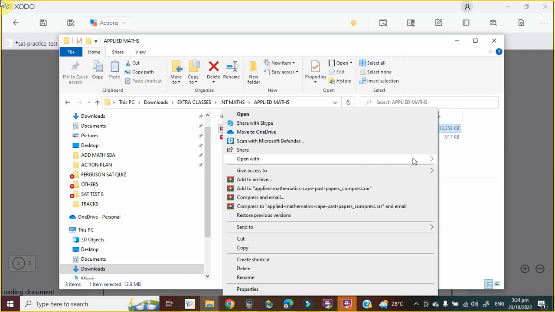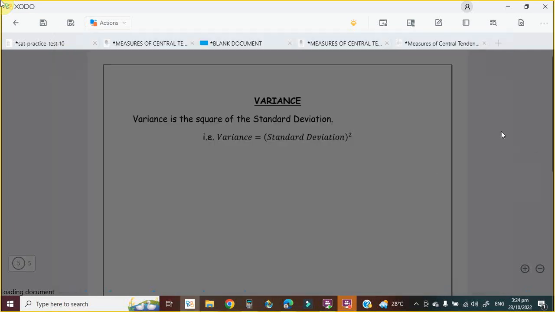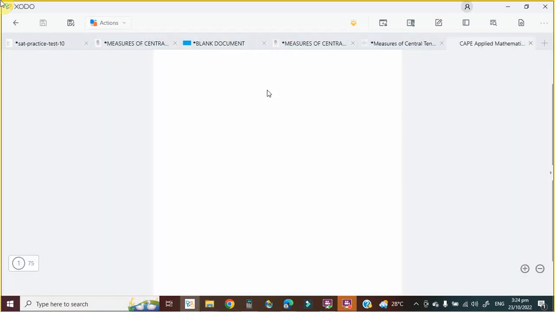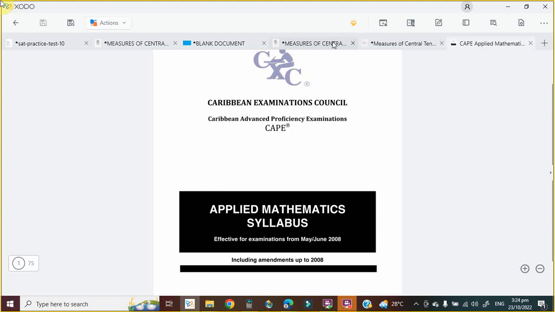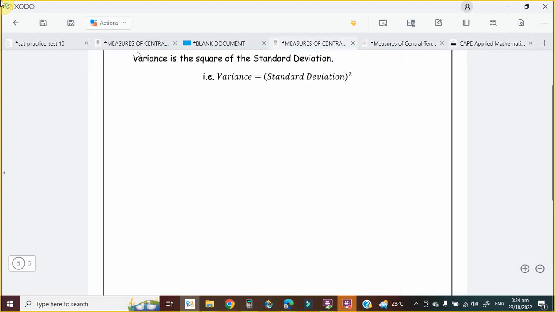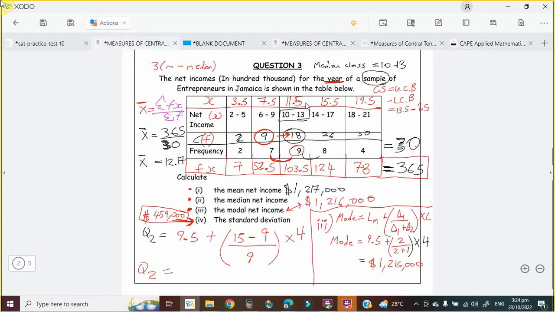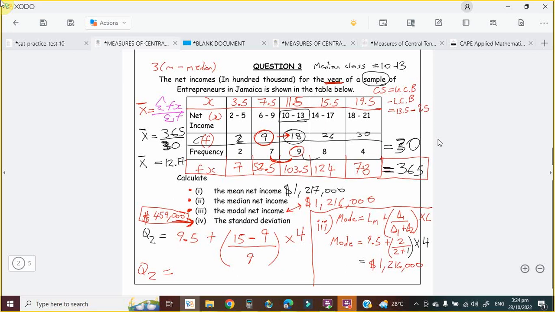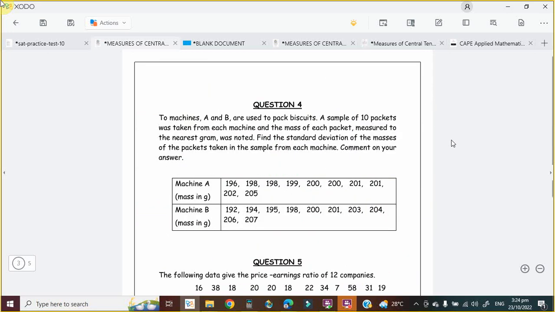In the worksheet that I uploaded, you can do the rest of the questions for practice. I also worked them out already, so for every question you see in this worksheet, I have the answers. So do them whenever you want.